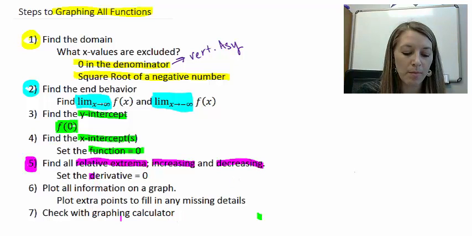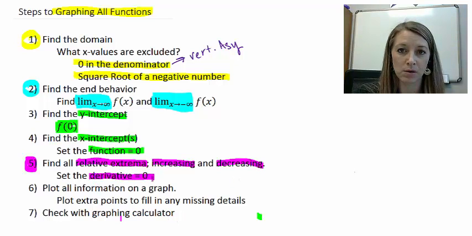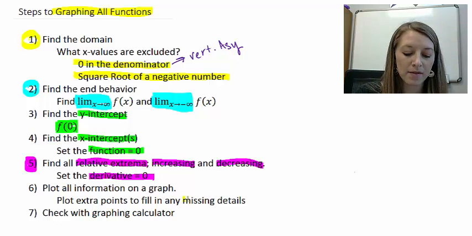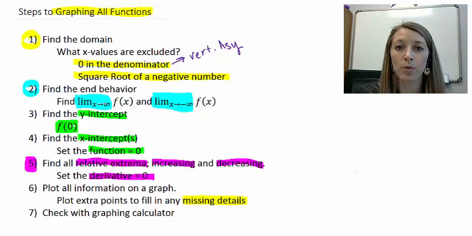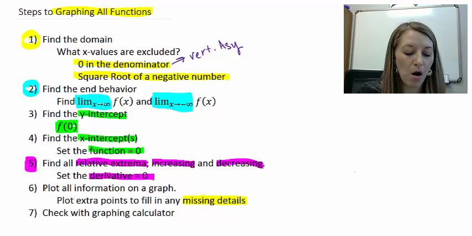And of course, we do that by setting our derivative equal to 0. Now, there still may be times where that's not enough information for you, and so we still may have to fill in any missing details, but this should be minimized compared to what we did back in the college algebra portion of this class. Of course, we plot all that information on the graph, and then we double check this with the graphing calculator.